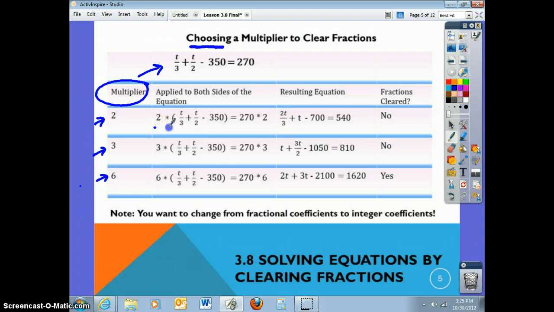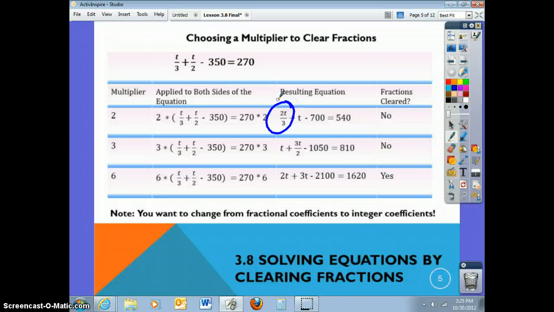If you choose 2 and you multiply the entire equation on both sides by 2, what you end up with is that. See here, this 2 multiplied by this guy here, the 2's cancel out, and you just end up with t right there. So that cleared out part of the messiness of the equation, but it didn't clear out all the messiness.